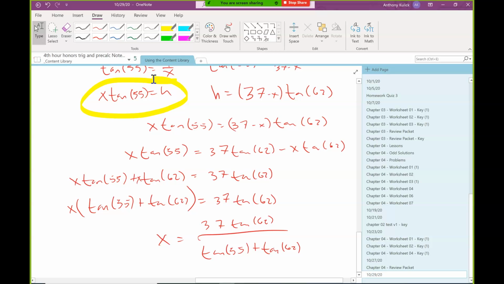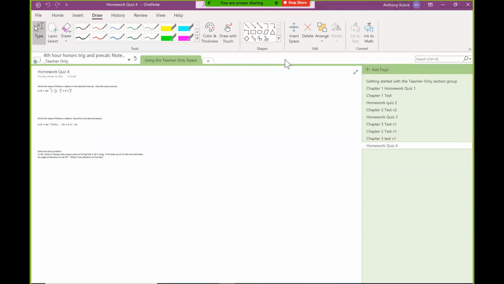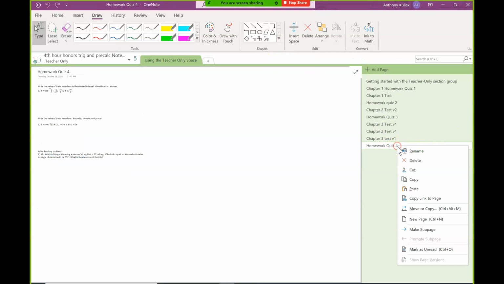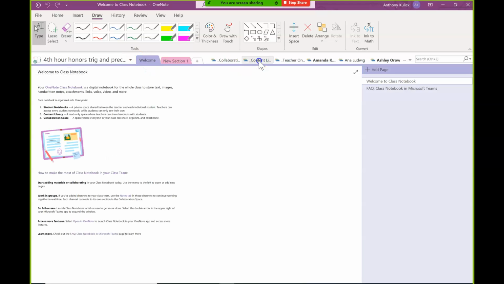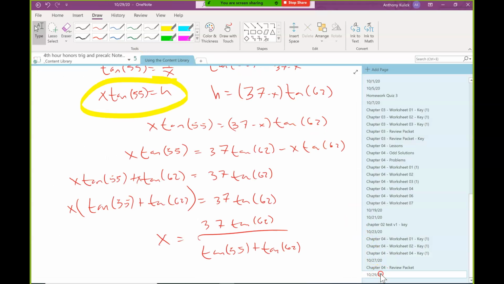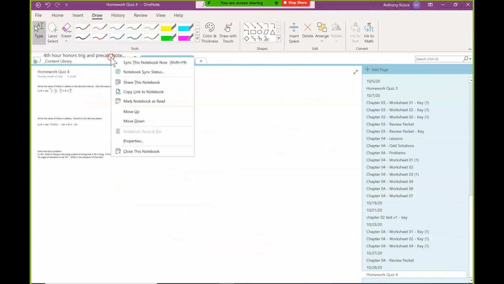If you don't have your tablet out already, if you could get that out for me and open up your OneNote to the content library. We're going to do our homework quiz here. I've just pasted in homework quiz 4.